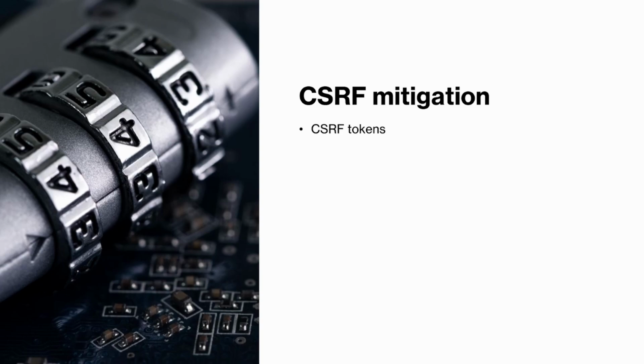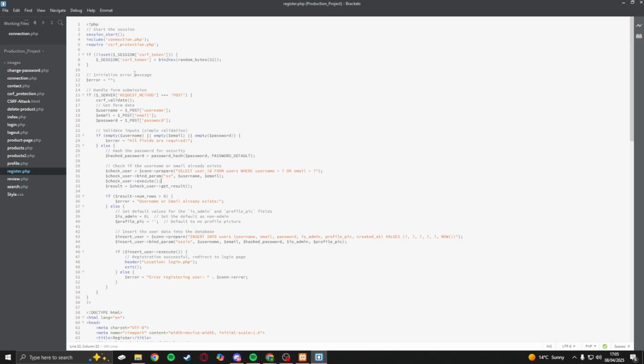Next form of mitigation we have is for cross-site request forgery, and this is the use of CSRF tokens. To start off, we are currently on the register.php page, and this is the code we have in order for our users to be given a CSRF token.